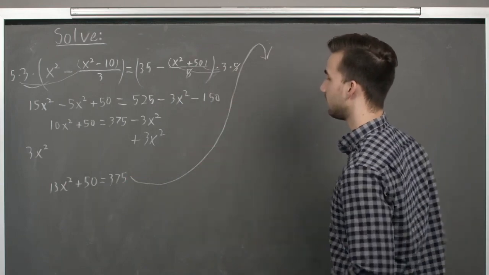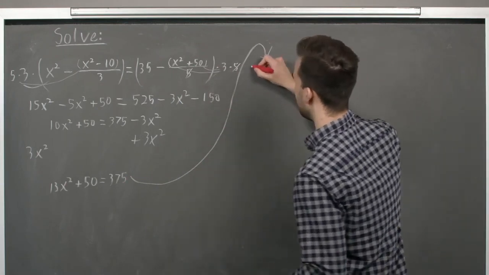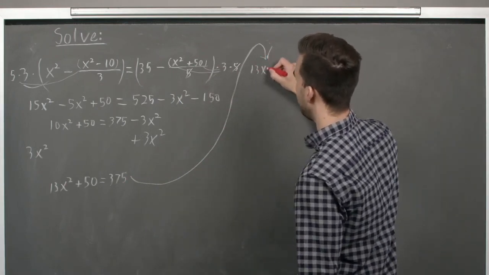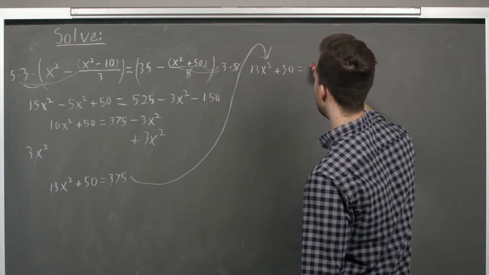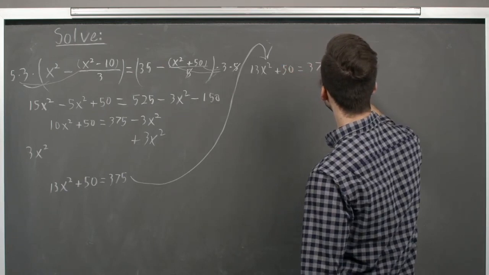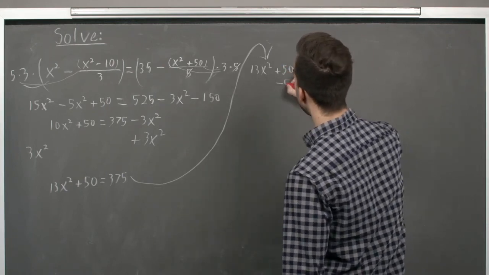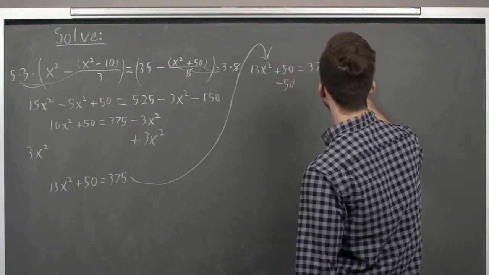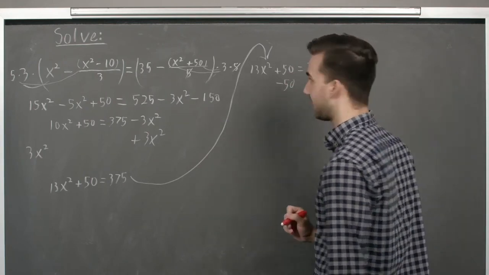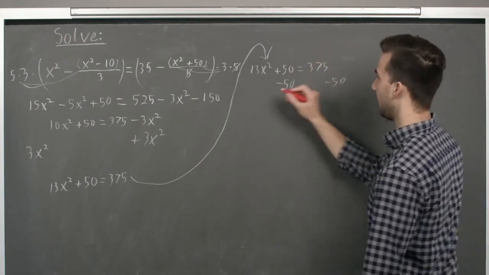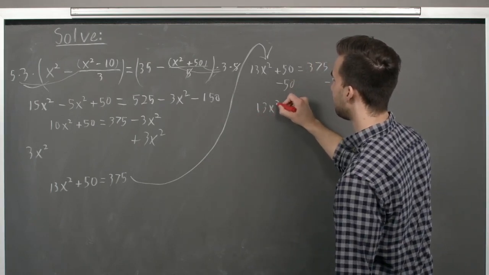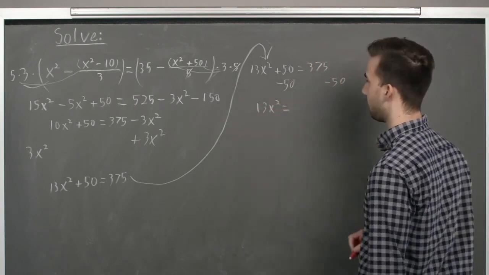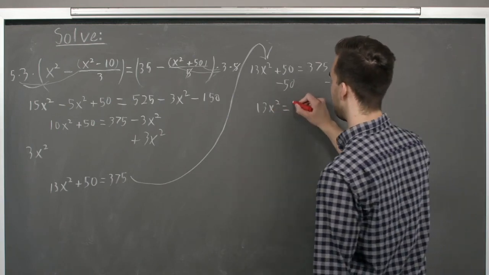Now, let's write it over here first, and then we can subtract 50 from both sides. So I'm going to subtract 50 to finish combining like terms. And here we're just left with 13x squared is equal to 375 minus 50, which is 325.